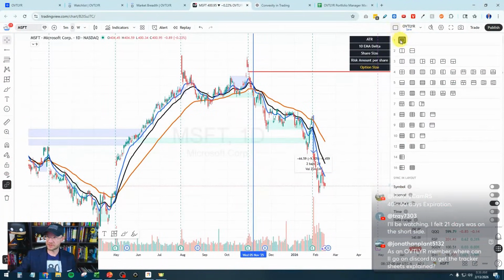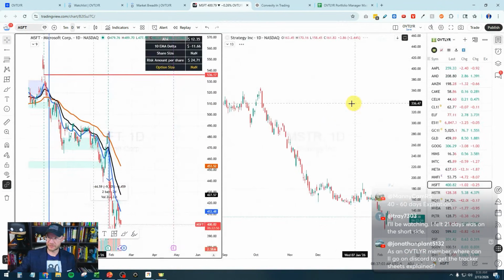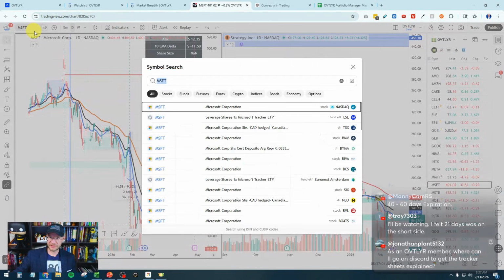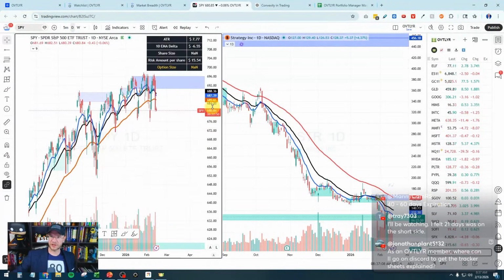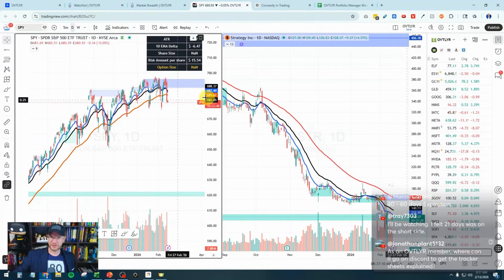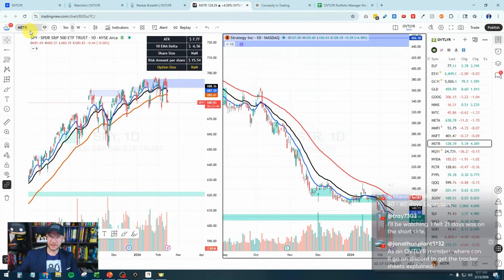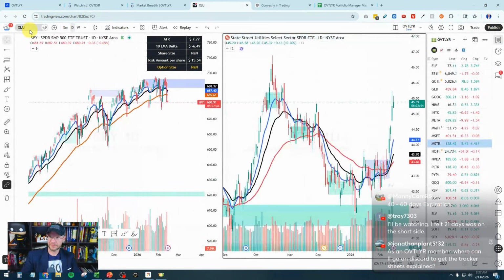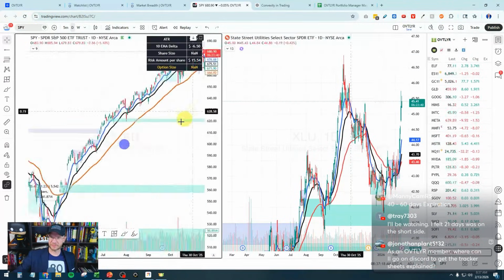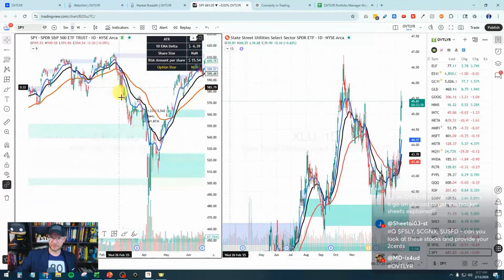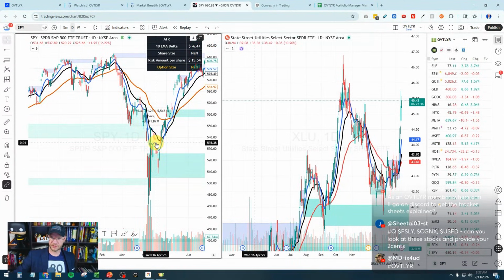Let's do a little side by side real quick. Granted, I'm sure we could come up with all kinds of data to prove this works or doesn't work, but we're just going to eyeball some things. Here's SPY, and on the right-hand side, let's add XLU. So let's go to when SPY was crashing down in early 2025, from let's say February to April.